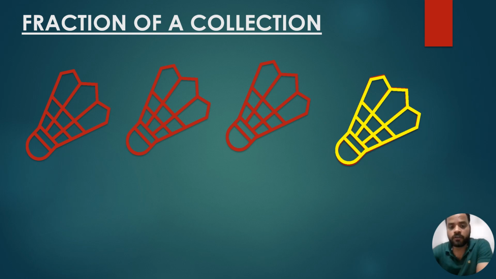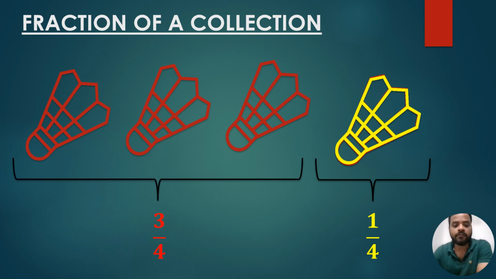Out of the four corks, one cork is yellow. So the fraction represented by the yellow cork will be 1 by 4. Now out of the four corks available, we have three red colored corks. So the fraction represented by the three red corks will be 3 by 4.